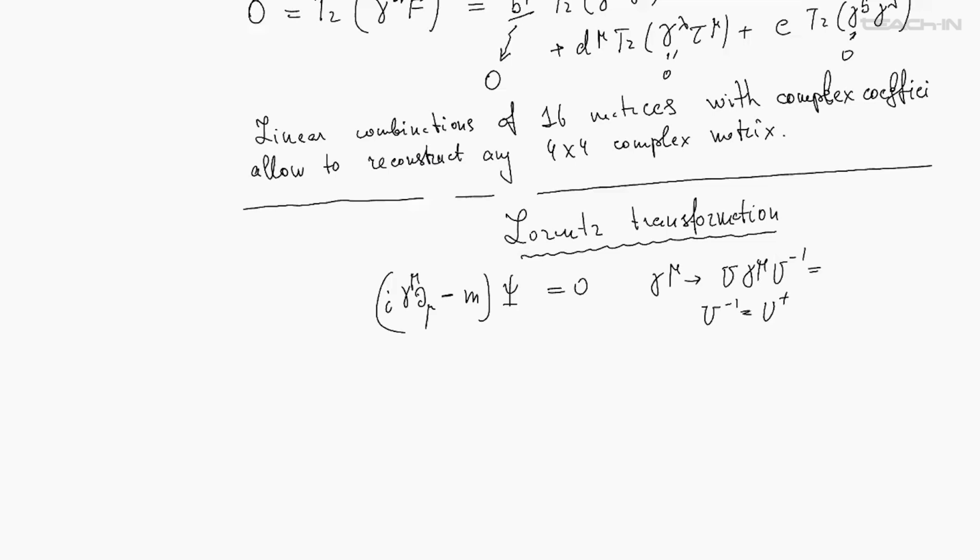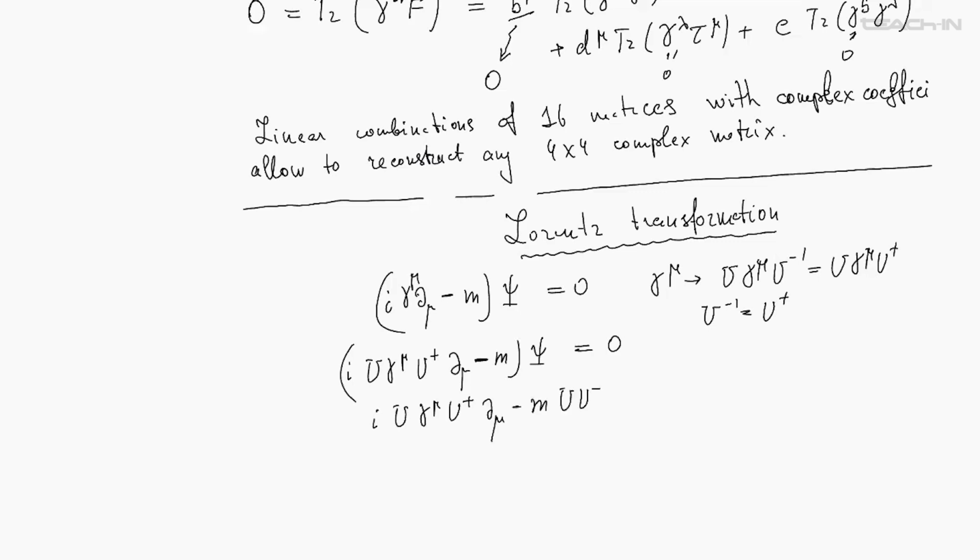And then in the new basis of gammas, you will get here U gamma mu U dagger d mu minus m acting on psi. This would be your new equation. But then you see what happens here is that since the matrix is unitary, you can write it as U gamma mu U dagger d mu minus m U U dagger, because U U dagger is just an identity matrix, the same as standing here.